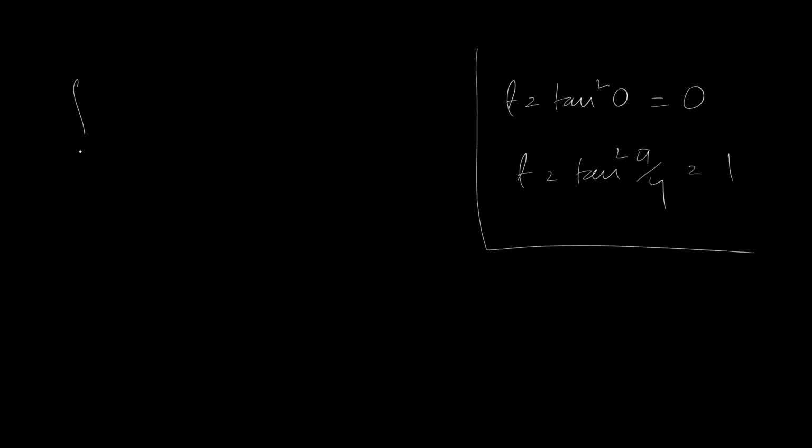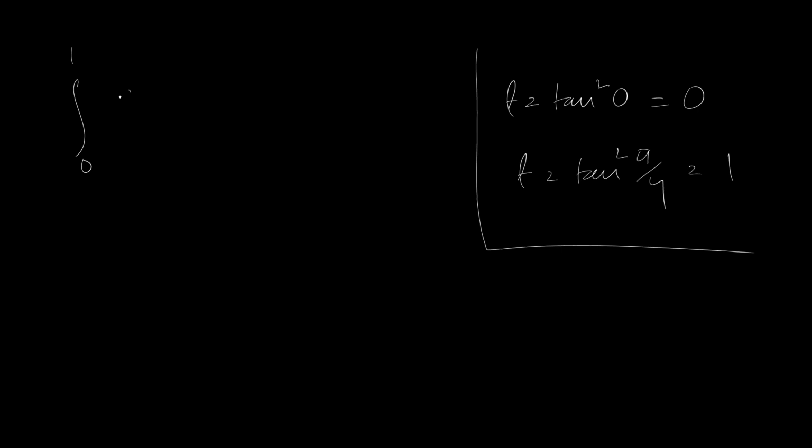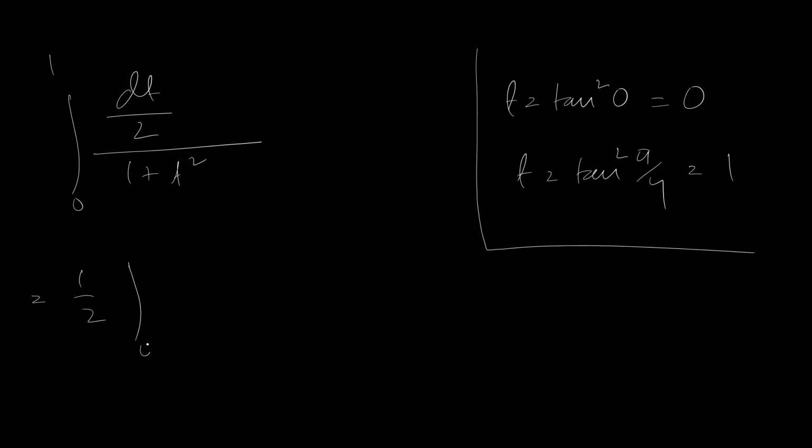This whole thing will become the integral from 0 to 1 of dt by 2 by 1 plus t square. So this is equal to 1 by 2 times the integral from 0 to 1 of dt by 1 plus t square.